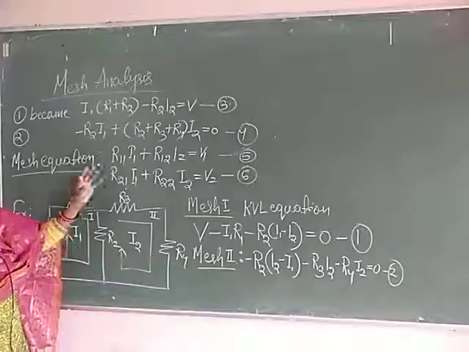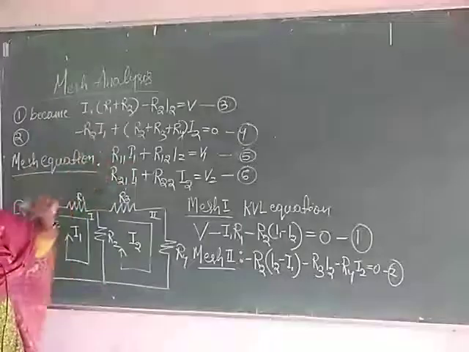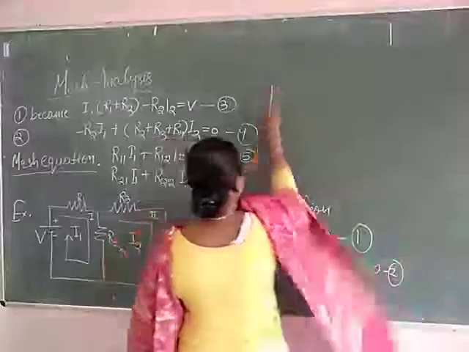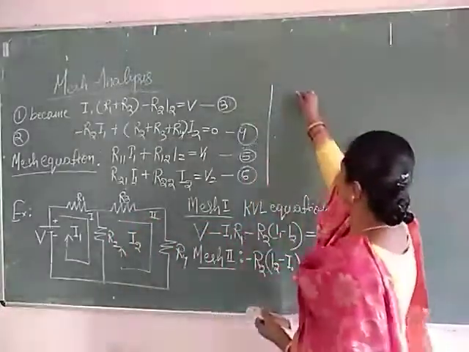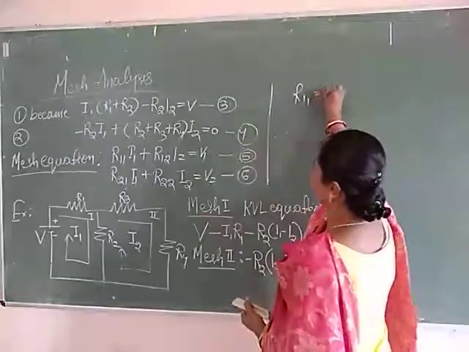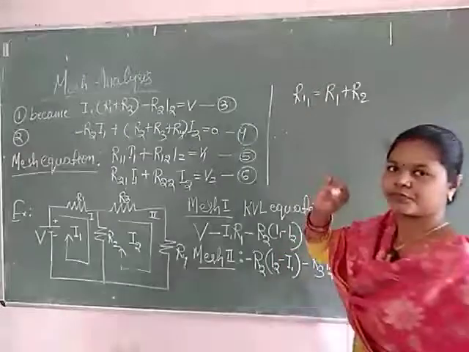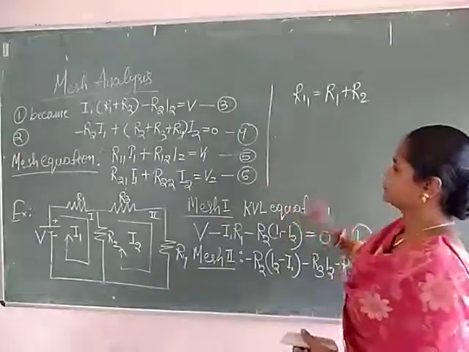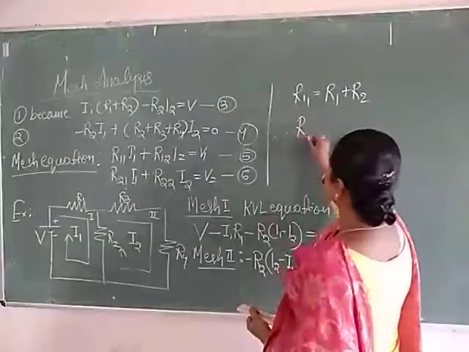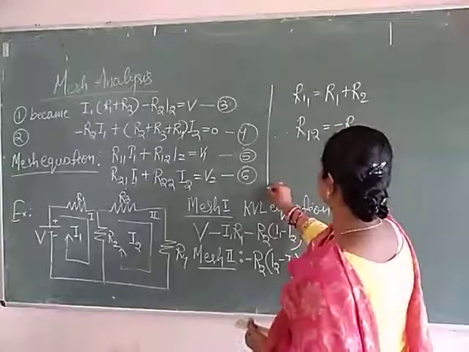So if you compare equations 3 and 4 with 5 and 6, you get, if you compare 3 with 5, R11 equal to R1 plus R2 and R12 is minus R2.